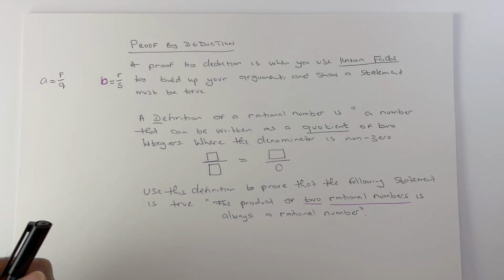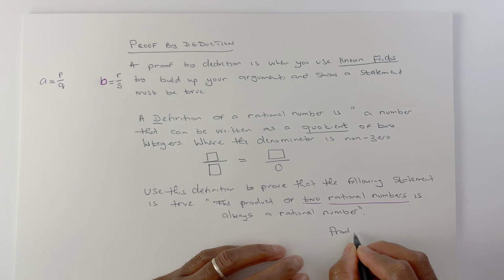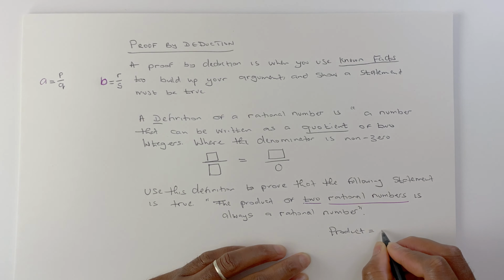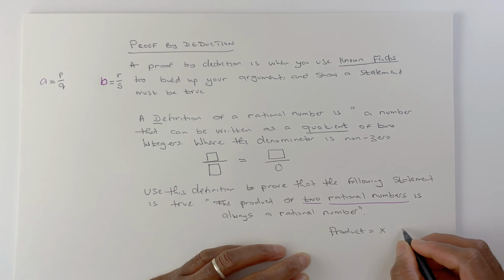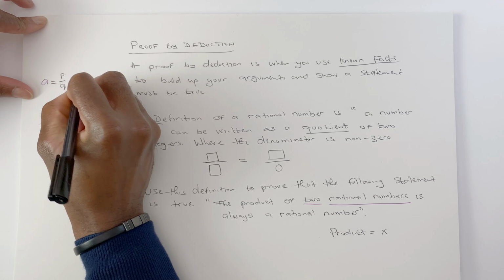Product means times, and quotient means divide. So now we're going to multiply those two together.